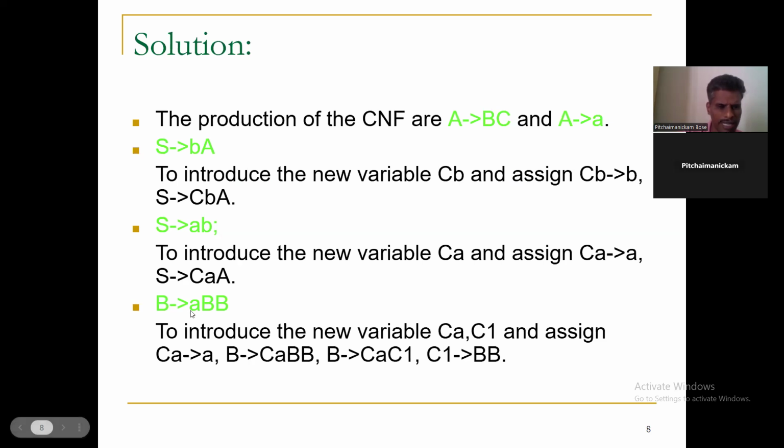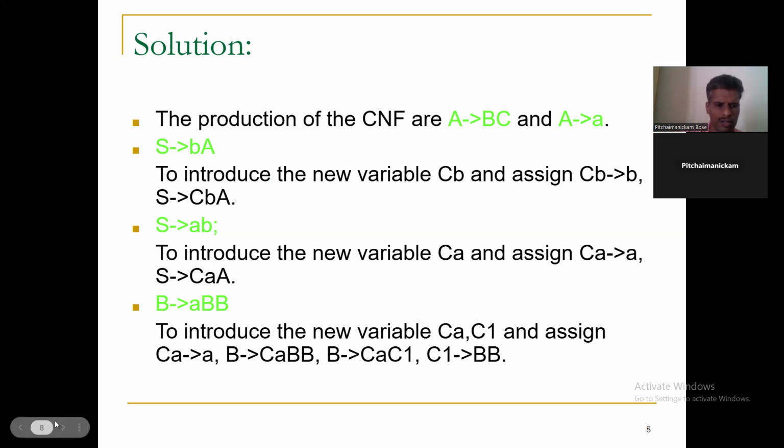Next, B derives a B B. What is the common rule we are following? A single terminal followed by multiple variables is not acceptable; the production must be converted into the proper form.